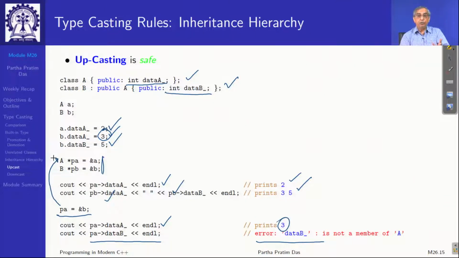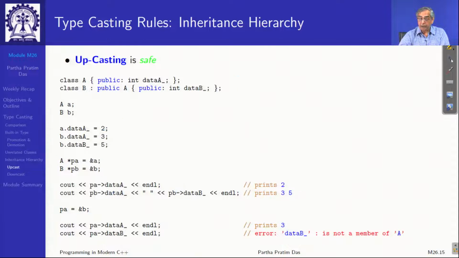So, it does not know of a data member data B. It is actually there, because the address is of a B type object, but I will not be able to access that in this way because the compiler will not know this.